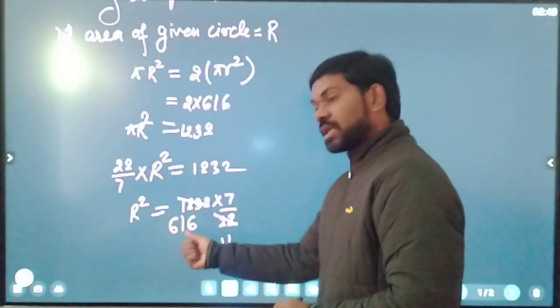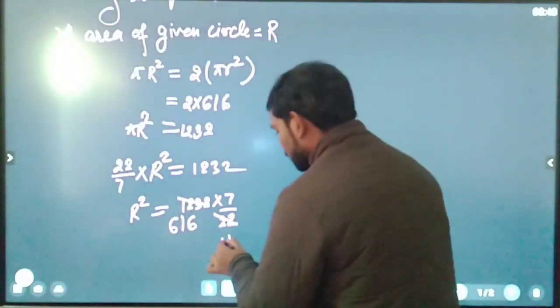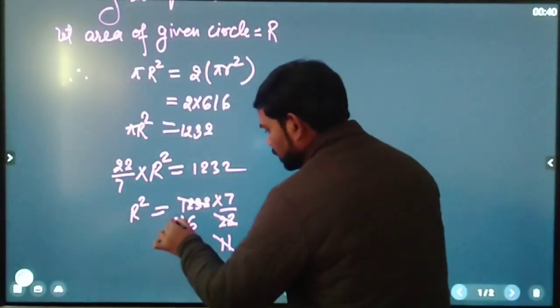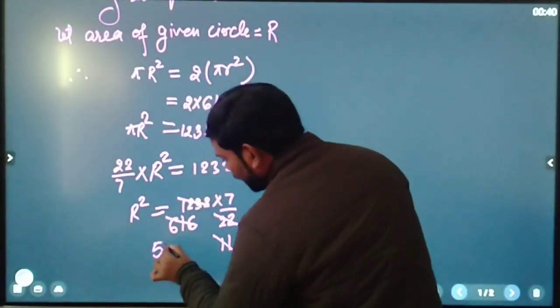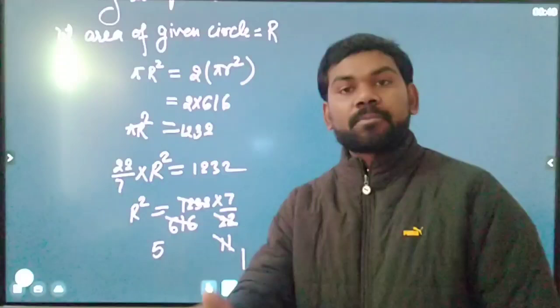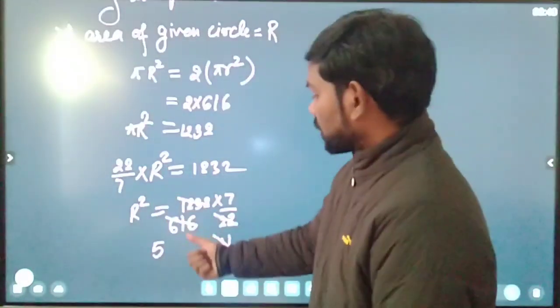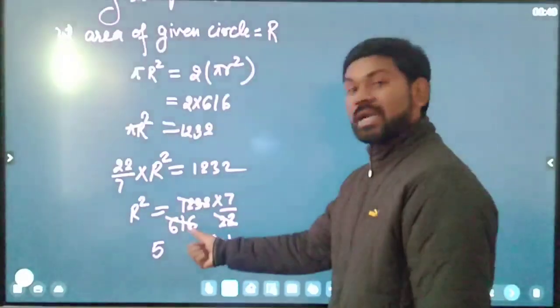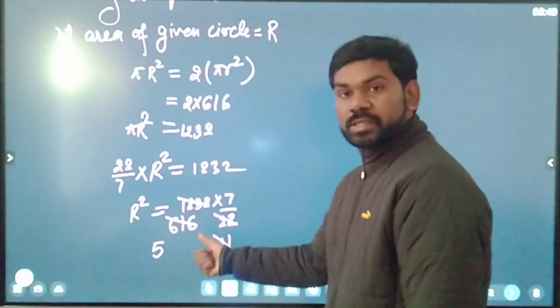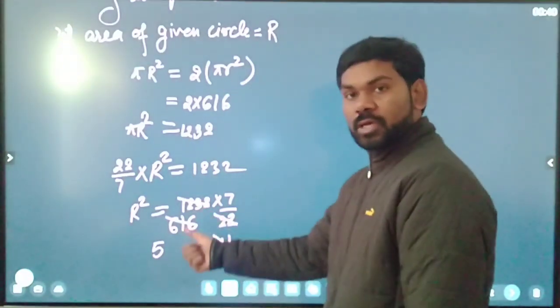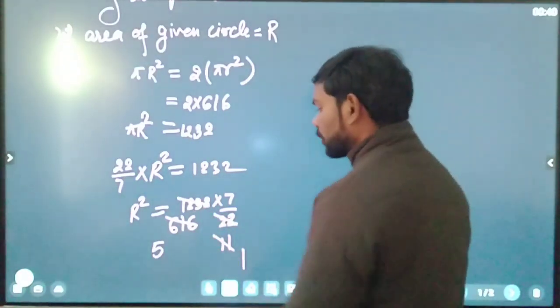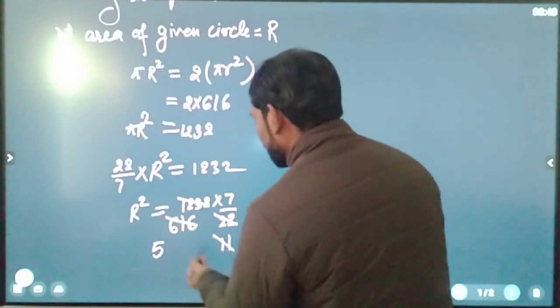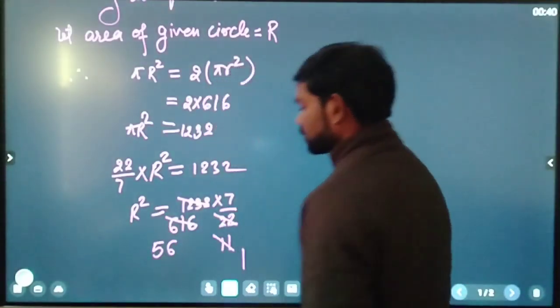Now divide 616 by 11. 11 1s are 11, 11 5s are 55. When 55 is subtracted from 61, we get 6, and put the next digit 6 in front of the difference. So we get 66, and 11 6s are 66.